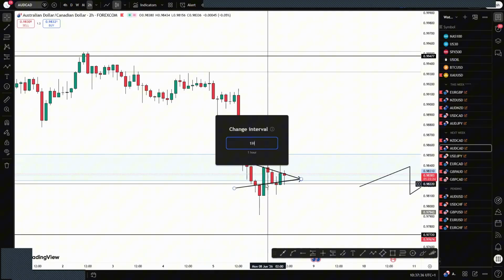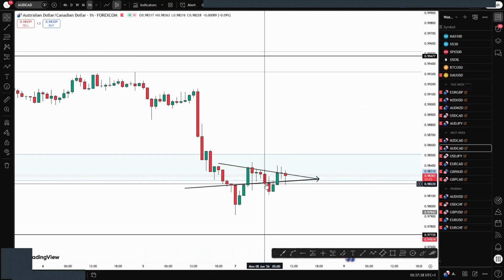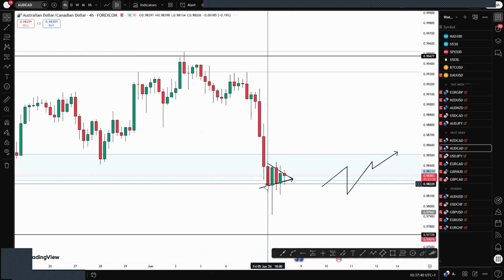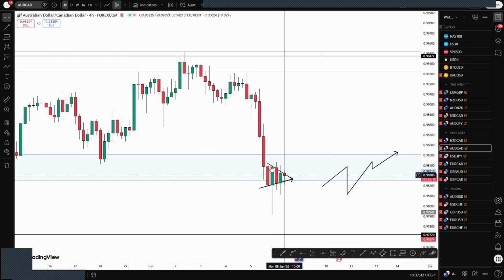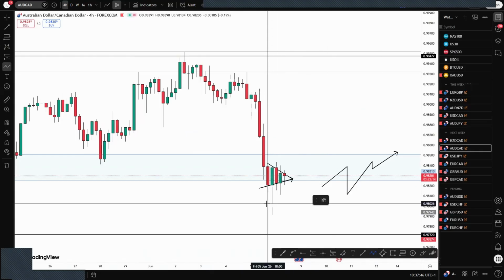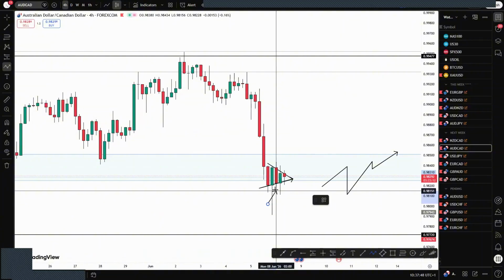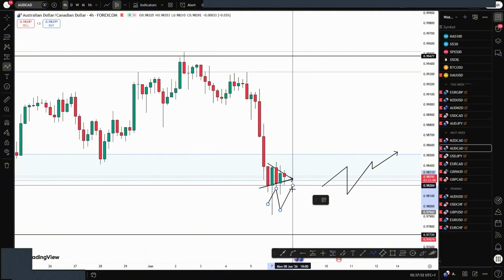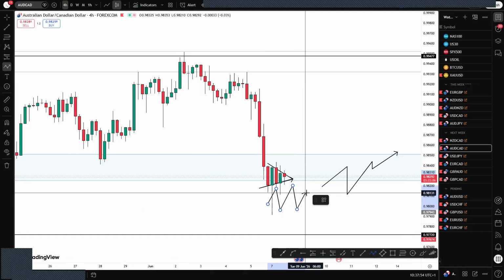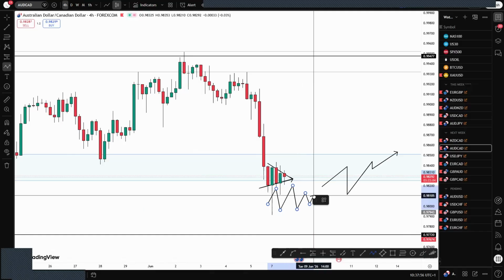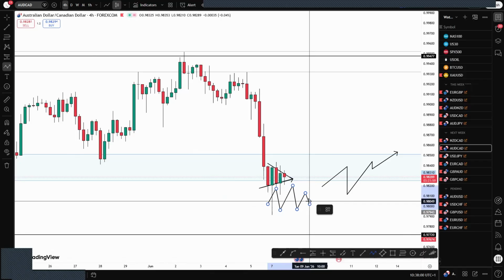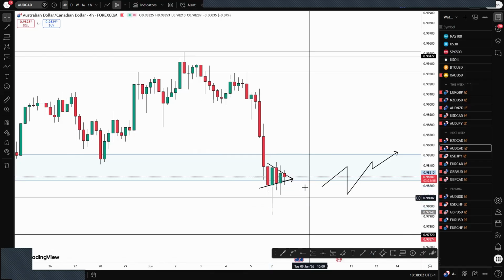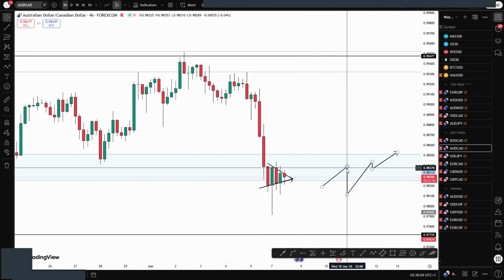Let's see the 1-hour. Yeah, it's just clear in the 4-hour time frame in this case. But most of the time it's clear in the lower time frame because it will be at least spaced out like that. That's how it looks in the lower time frame.